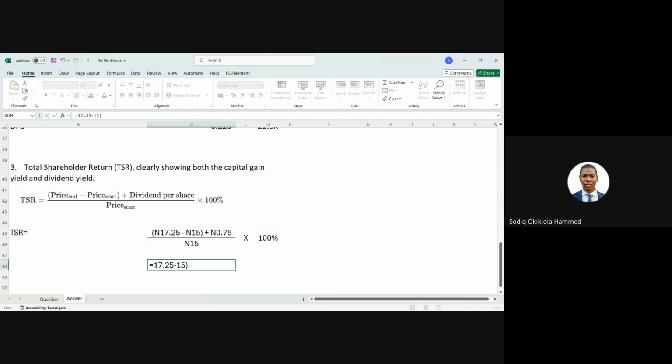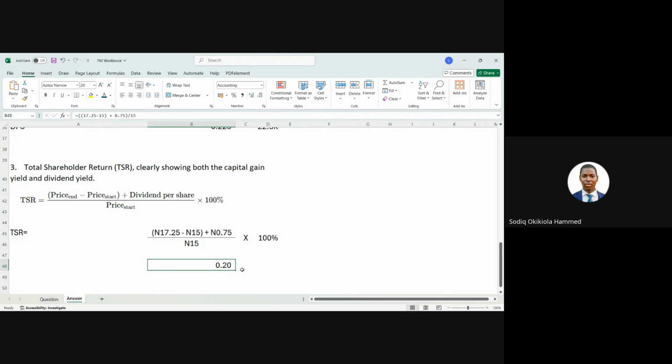If you are pressing your calculator, I will put this in brackets, then plus the dividend, and put all of them in brackets so that I can divide by 15 naira.